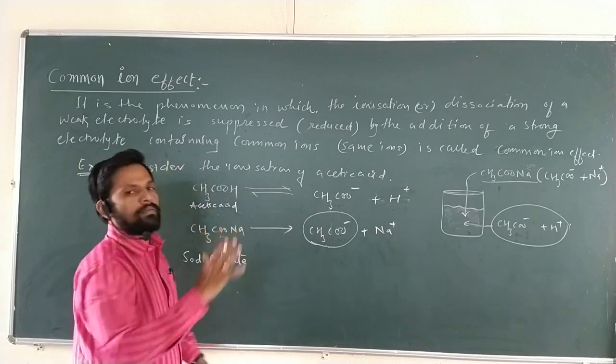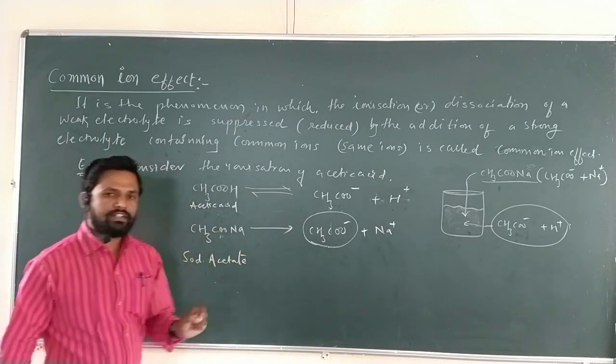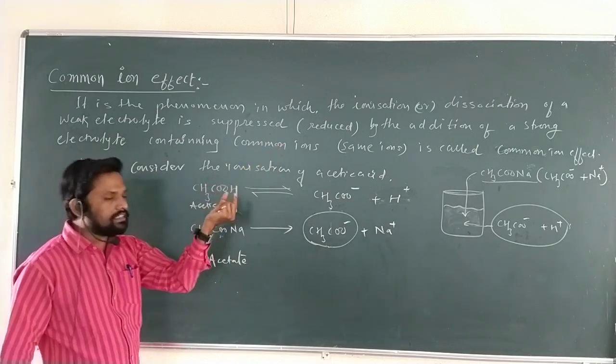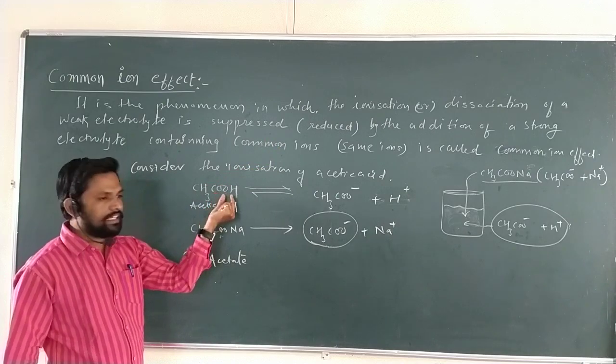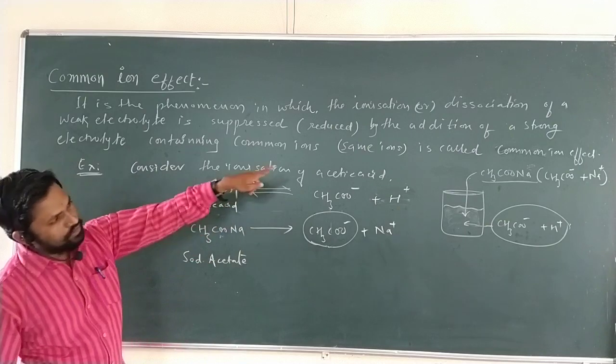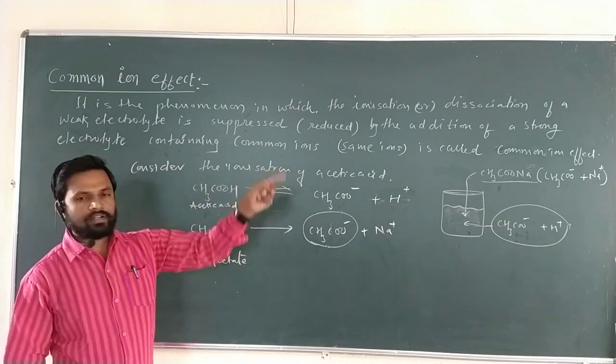This is nothing but the common ion effect. Common ion effect is nothing but this: the ionization, this dissociation of a weak electrolyte is suppressed, decreased by the addition of a strong electrolyte, is known as the common ion effect.